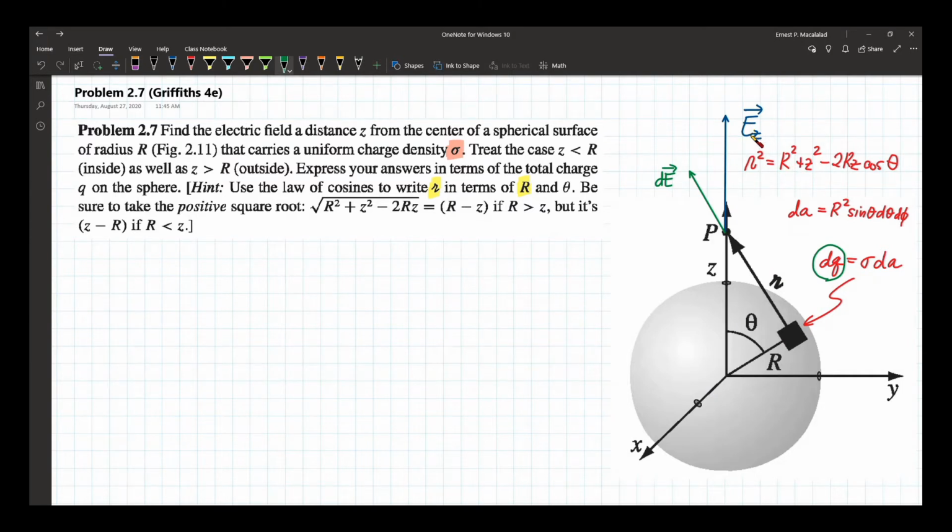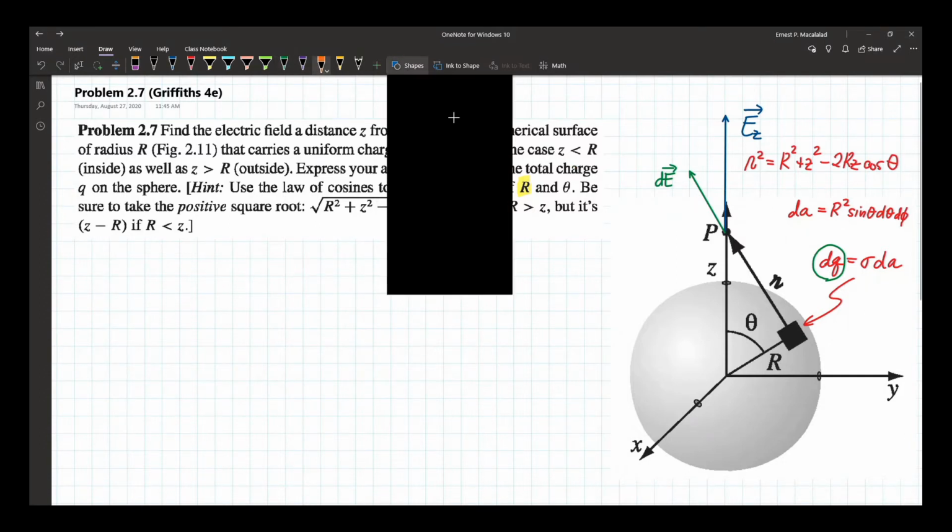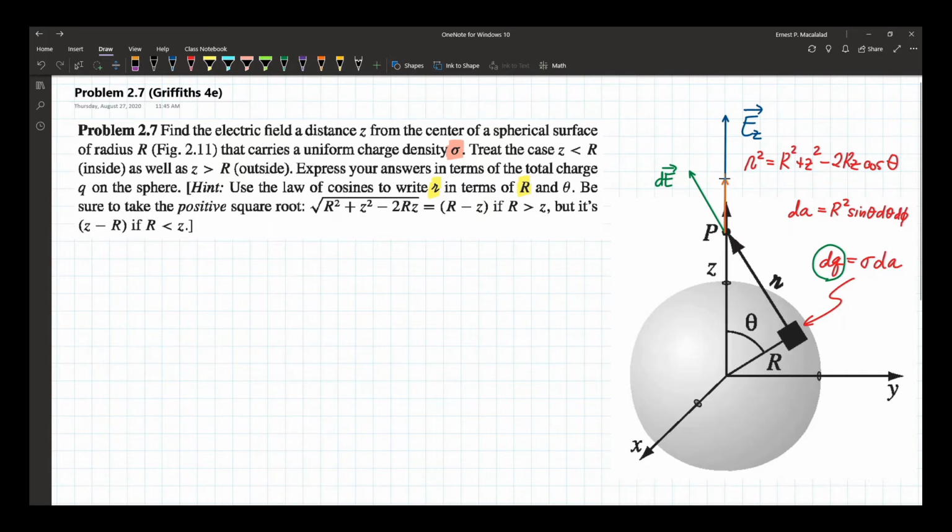But we know for a fact that only the z component of this element electric field will be considered. So we need to consider dEz, which is this one. This is just a projection of dE towards the z-axis. We can calculate that by defining this angle to be alpha. So that means this is also alpha.